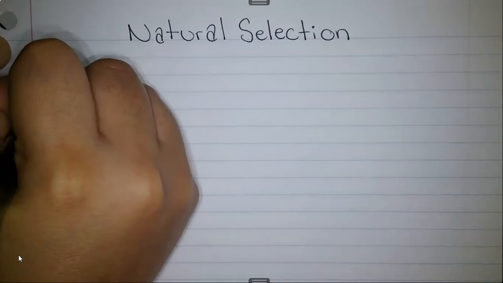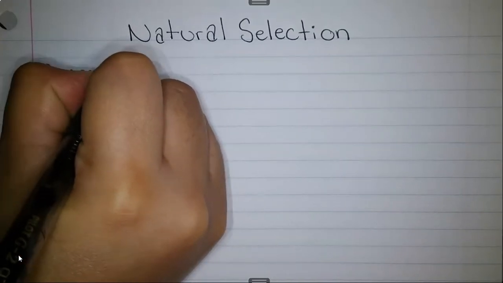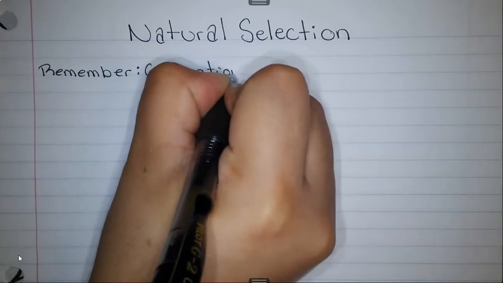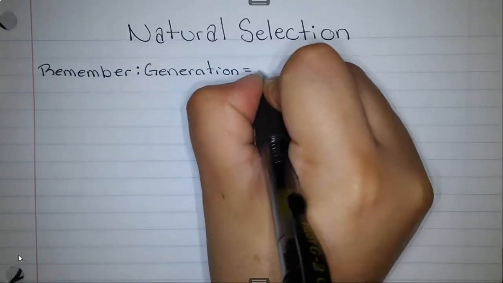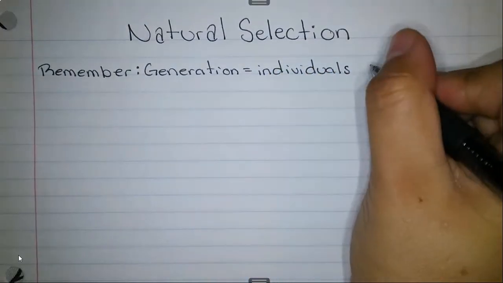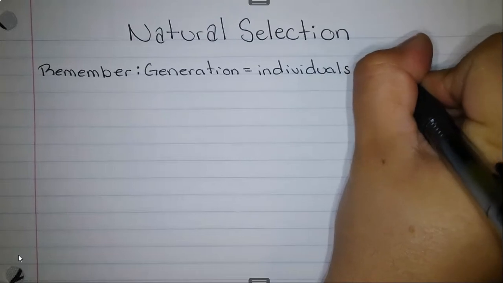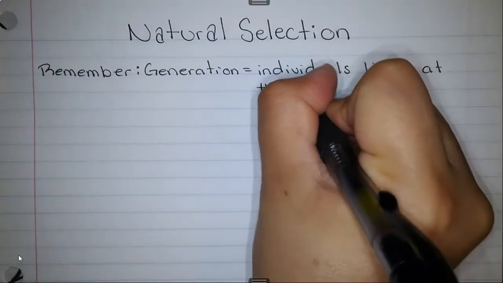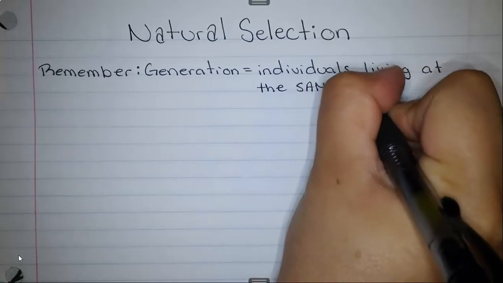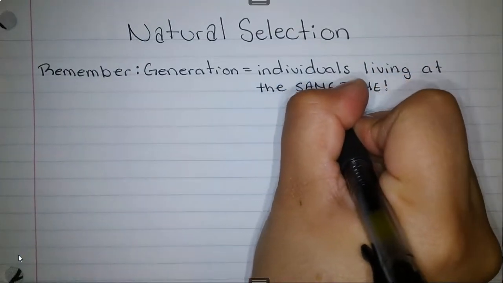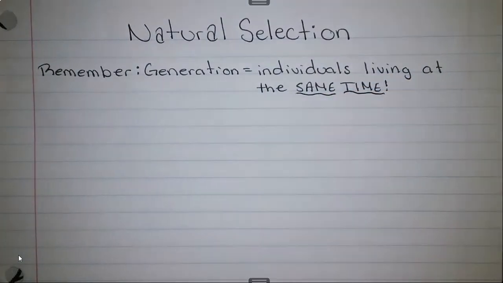So remember, a generation is or are individuals living at the same time. Okay, are individuals or organisms living during the same time.